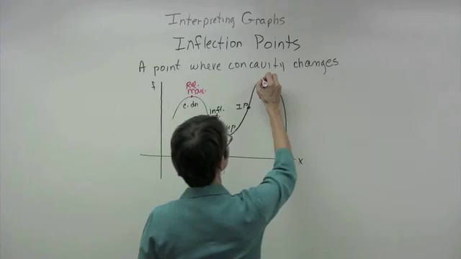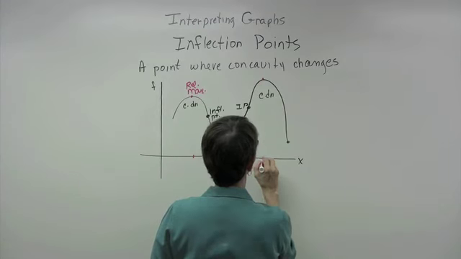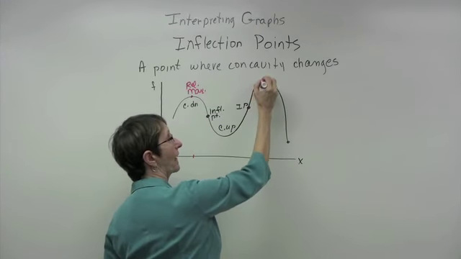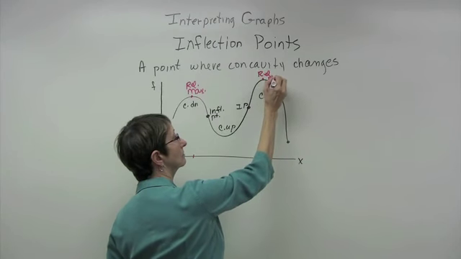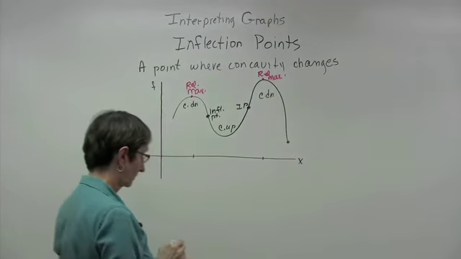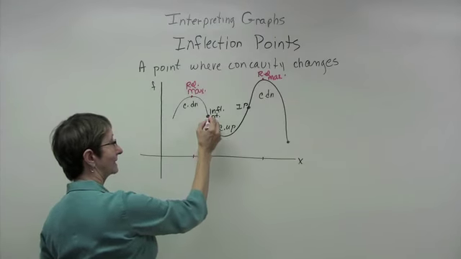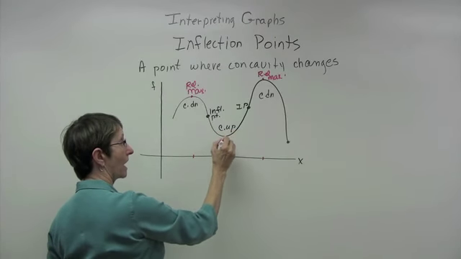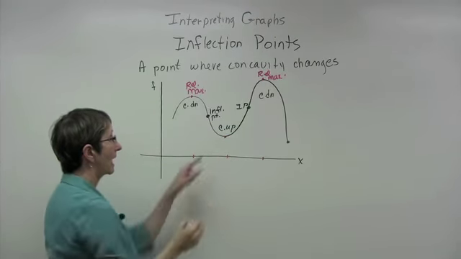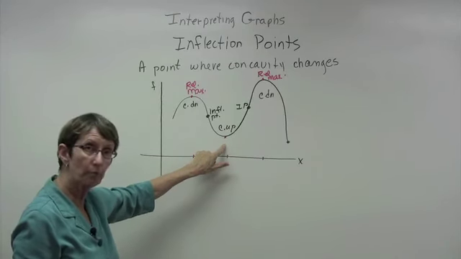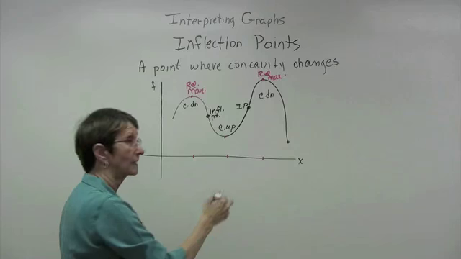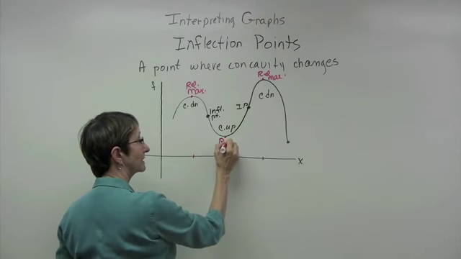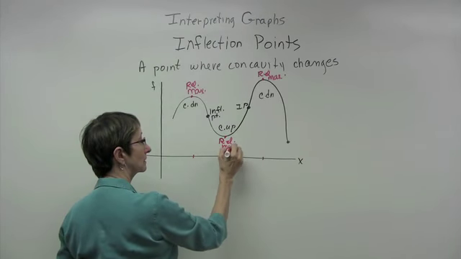And the same over here. Up to that point and then down makes this a relative maximum. I went down to this point and then up. So at this point it is a low point, but around it, it changes. And so this is a relative minimum point.